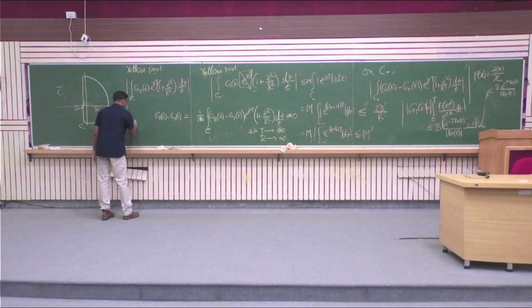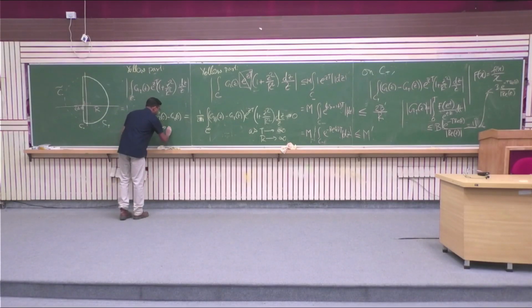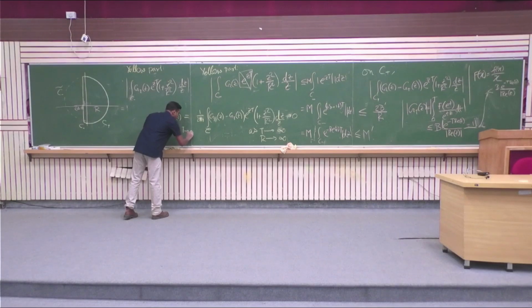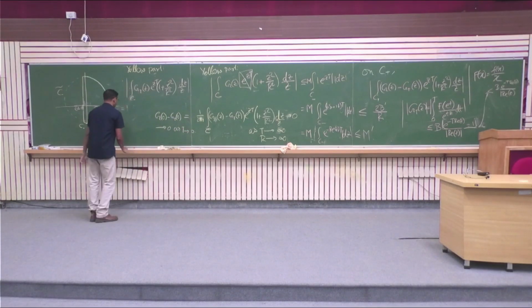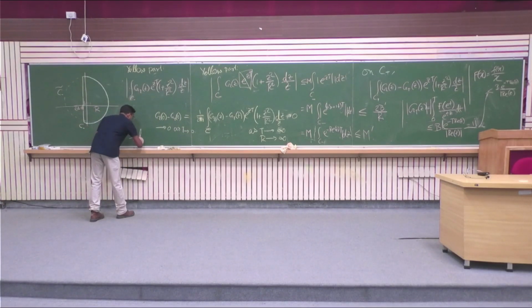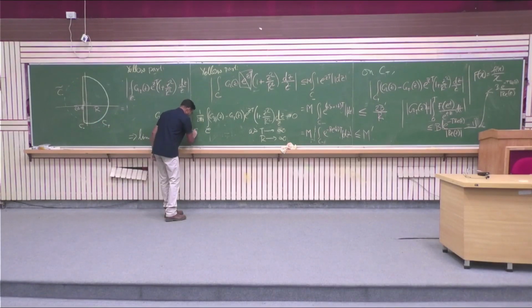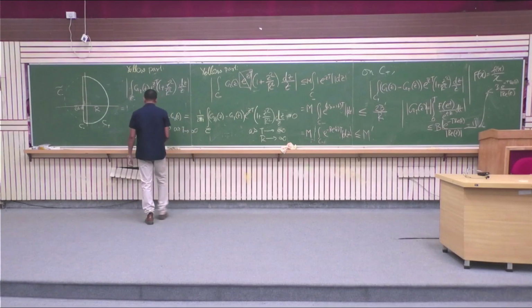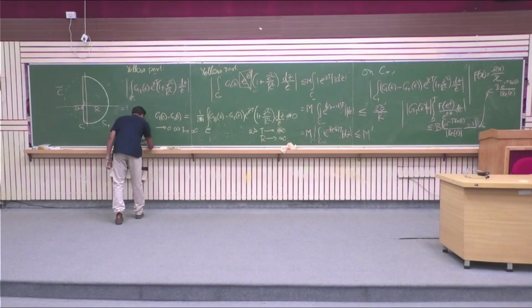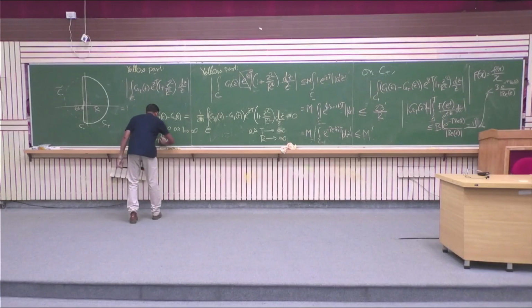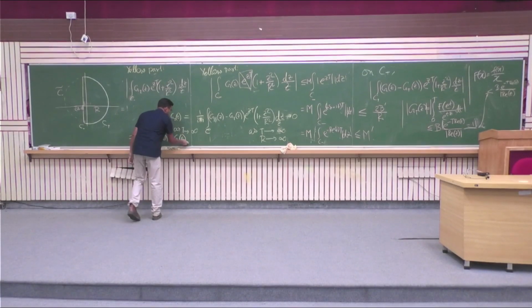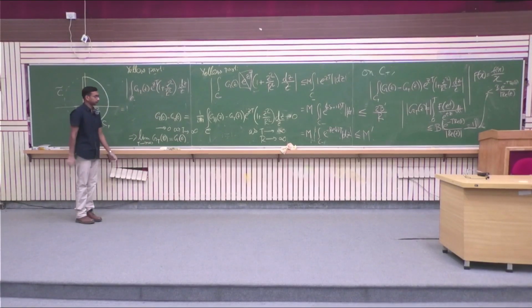So that means that this one goes to 0 as t goes to infinity, right? So that would imply that indeed, limit t goes to infinity, gt z, that is gt0, is giving you g0 indeed. Okay.